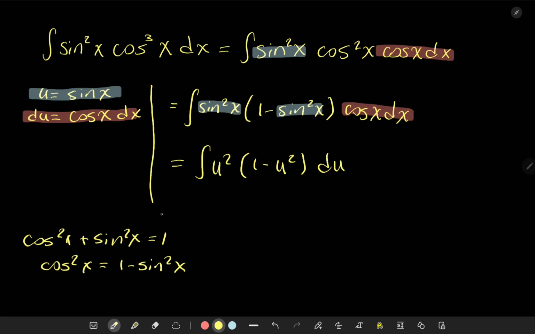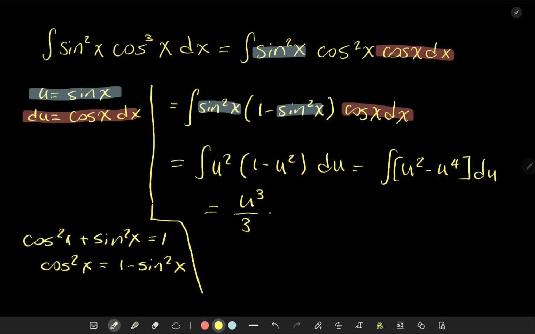And at this point, it's just a matter of distributing. When I distribute my u squared, I get u squared minus u to the fourth du. And then you know how to do this. You do u cubed over 3 minus u to the fifth over 5, plus c.